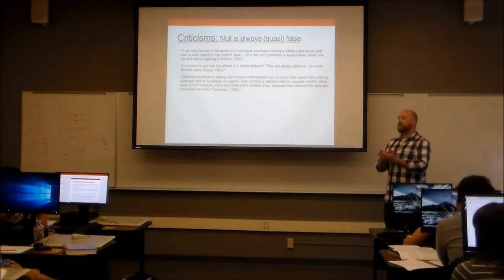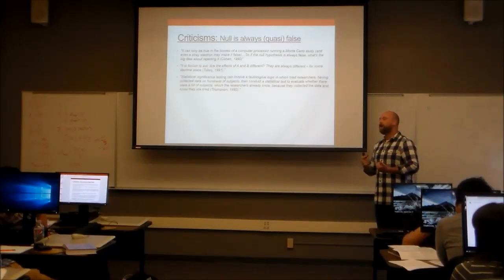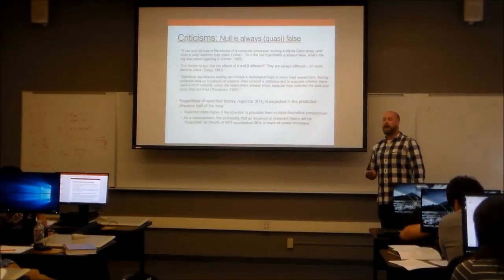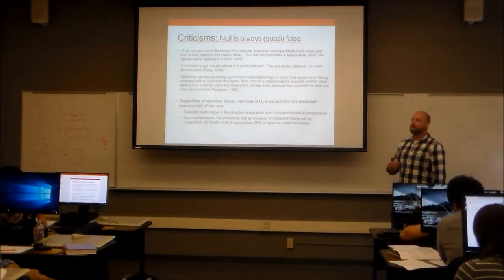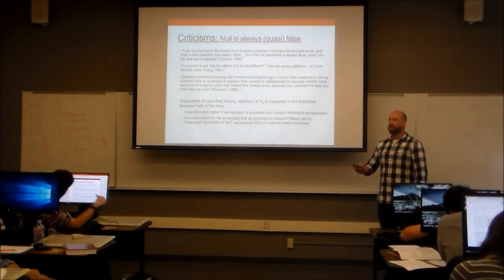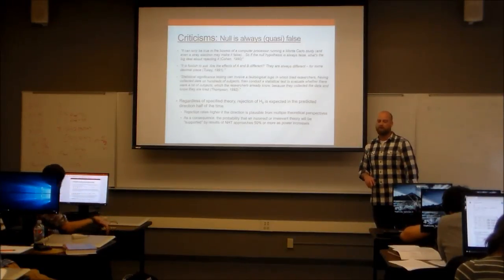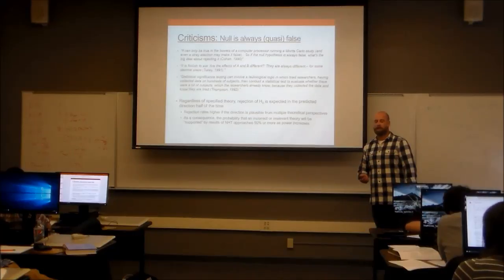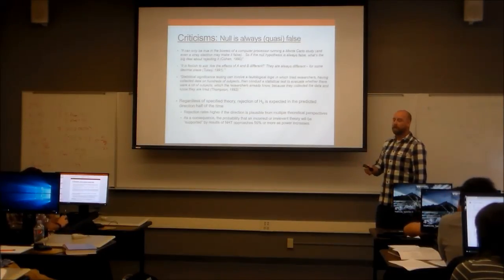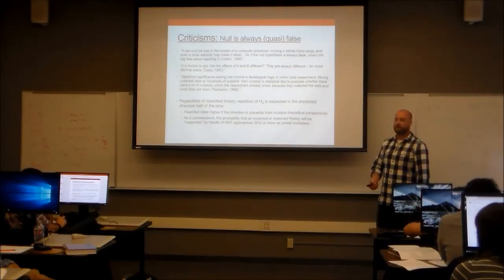Like the null hypothesis can never be true, right? And so Howell talks about a reconfiguration by Tukey: the question is not whether or not there's a difference. There's always some difference. It's whether A is bigger than B or B is bigger than A, right? And then the magnitude. Or is this a positive relationship or a negative relationship? I don't know. It's not a zero relationship because that's impossible, right?